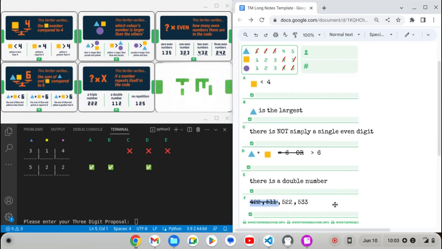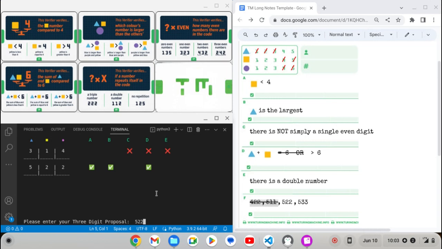Okay, and so these are our last 2 potential solutions. So it's a 50-50. Either there are 2 evens or there are no evens. Since I do have the 522 in my previous, I'm going to stick with it.